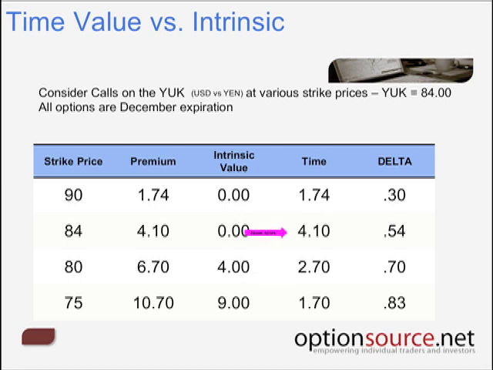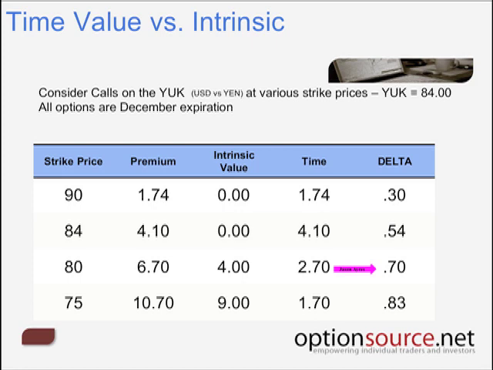So if we compare our capital allocation to time for the at-the-money versus the in-the-money, with the at-the-money option contract we're putting out $4.10 in time for a delta of 0.54. But if we put up that extra $4, we're only putting up $2.70 in time, and we're achieving a delta of 0.70.